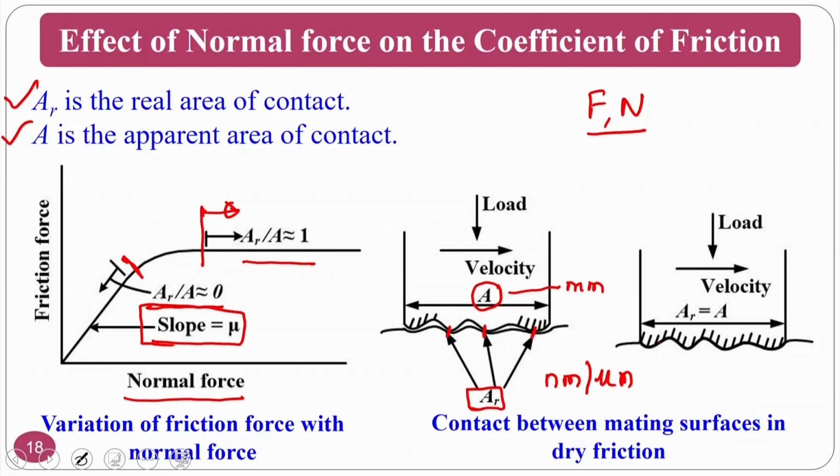For that purpose, normally load conditions will be high and the velocity will be very low. In the other condition, velocity will be very high and load will be normally low. Okay. This is about the two forces and the real area and contact area and all those things.